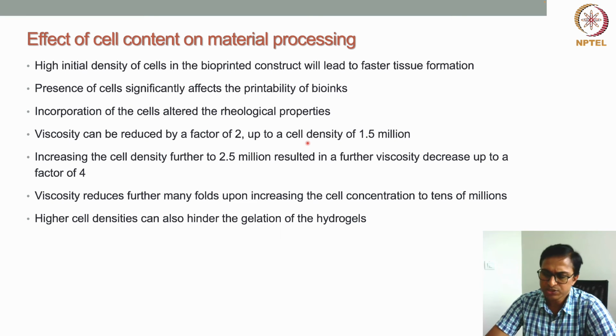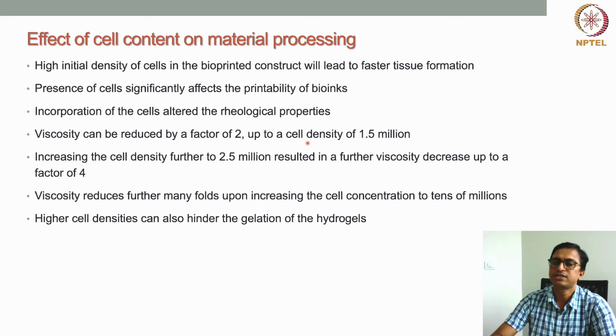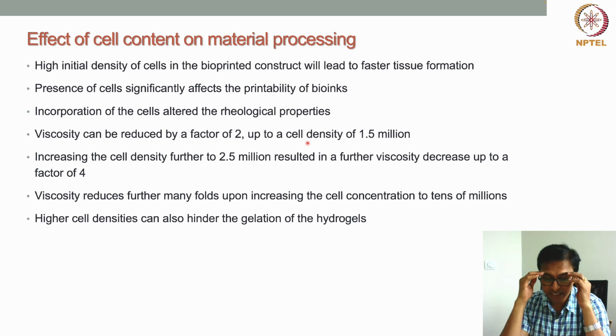Now there are various other things to be considered when discussing printability, because in bioprinting the cells are also a major component of your bioink. In the bioink there are materials, and we also load cells. Cell numbers can typically range from millions to billions of cells in the bioink.